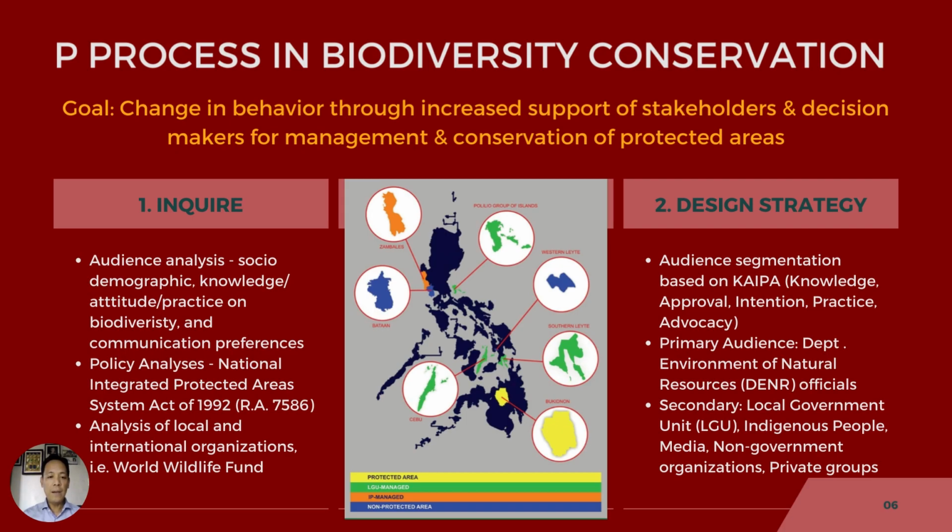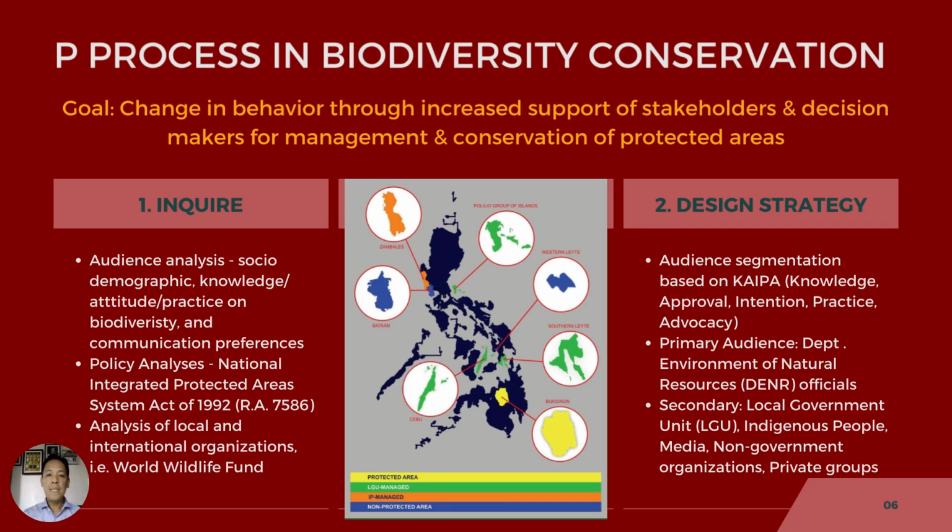You can see there the protected area as well as the IP managed. So there are some changes as well as different mechanisms or approaches depending on the area. And the goal is to have a unified approach and messaging.